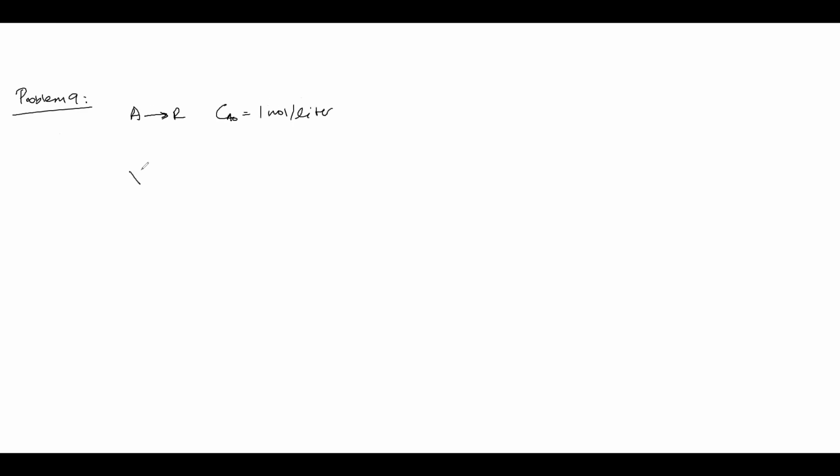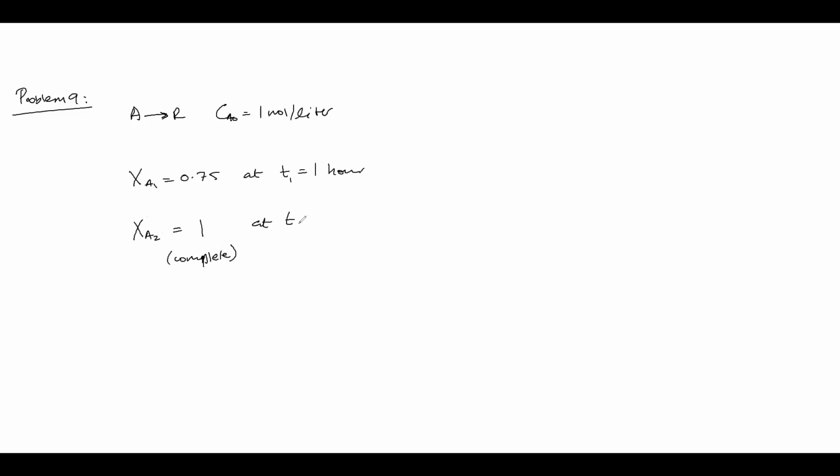Again, it's a batch reactor. XA is equal to 0.75 at t equals 1, or you can always use XA1 and t1 if you want to. And XA2 is 1, so basically complete. Complete means the conversion is 1, right?